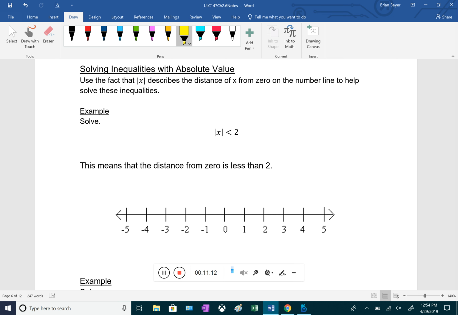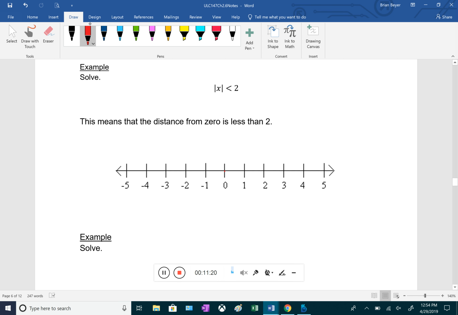So this means that the distance from 0 has to be less than 2. So if we're looking at this in terms of this number line here, less than 2 would be from 0 up until 2, and we would not be including 2 because it said less than.